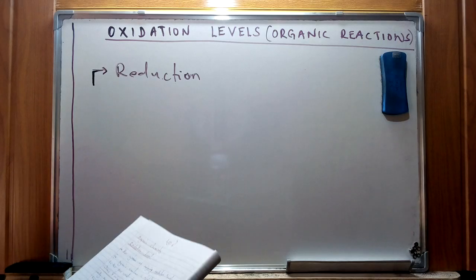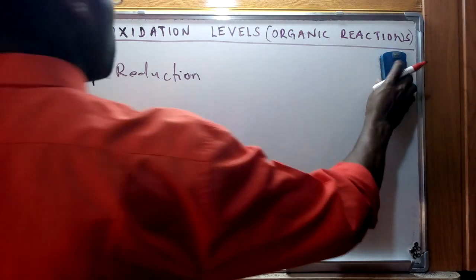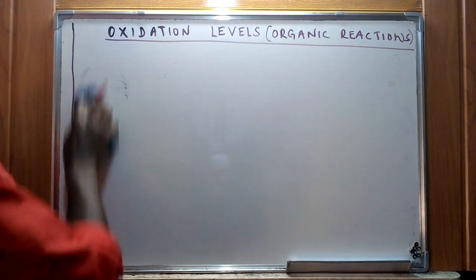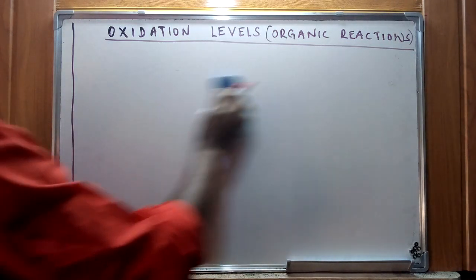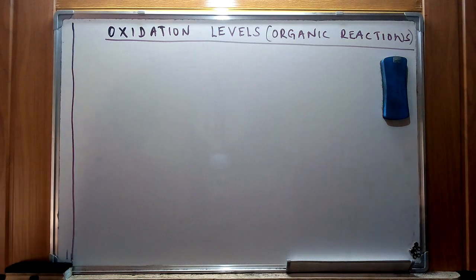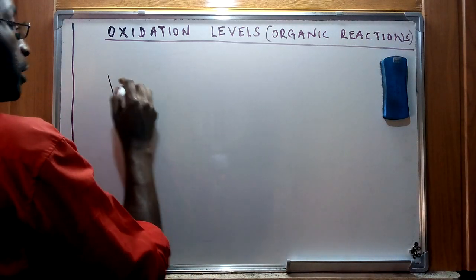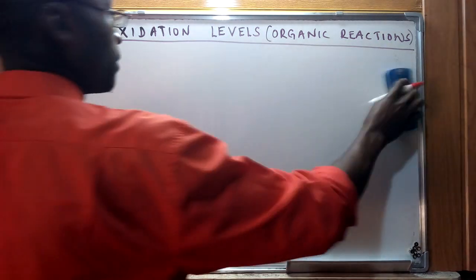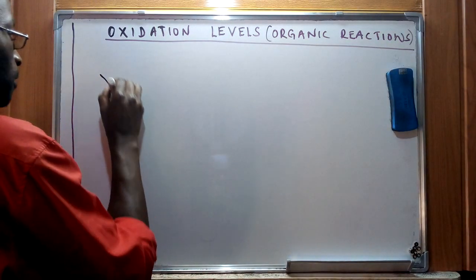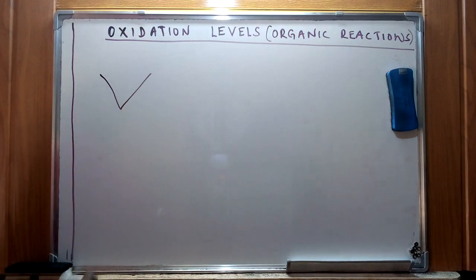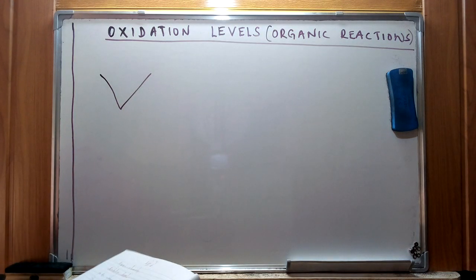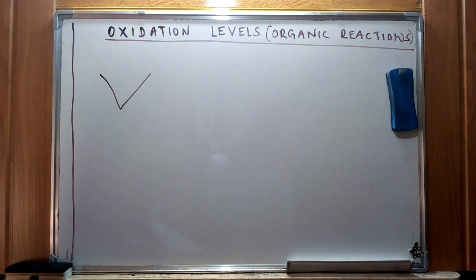We are going to look at different examples to demonstrate how we can assign oxidation levels to an organic reaction, and also an example of how we can transform different molecules, or just take a reaction and identify what kind of reaction is taking place. Now I'm going to give a few rules for assigning oxidation numbers in organic reactions.